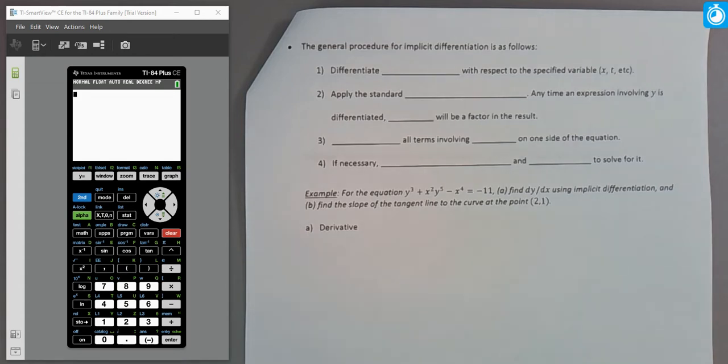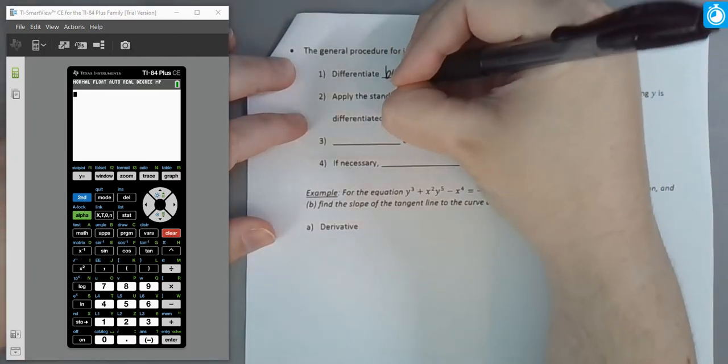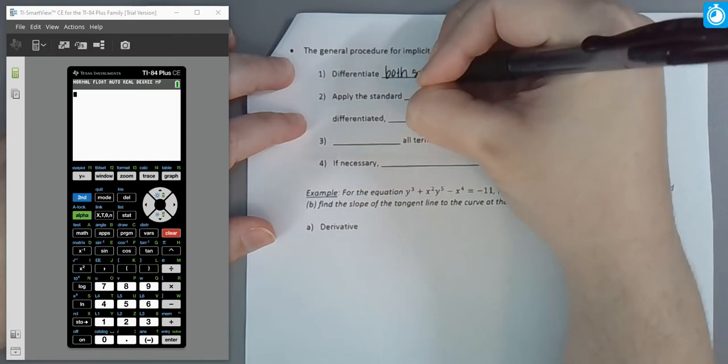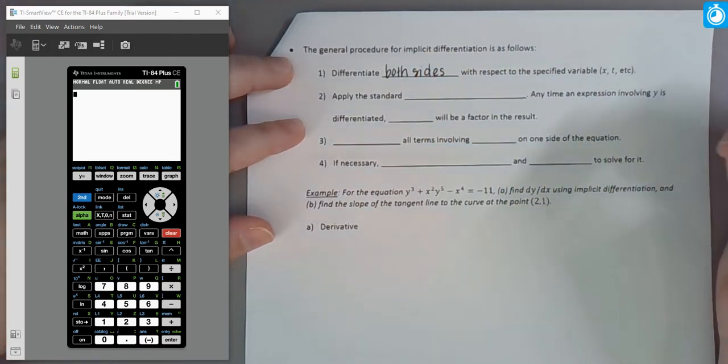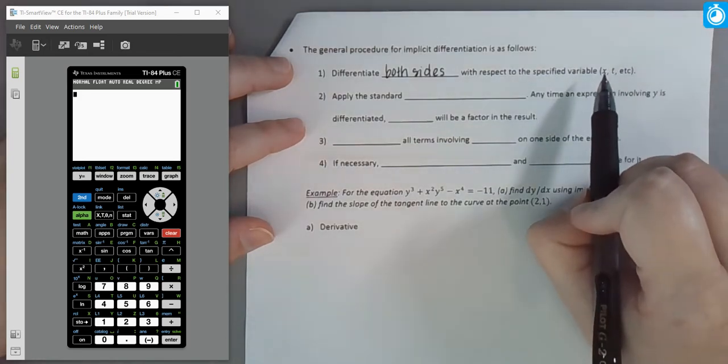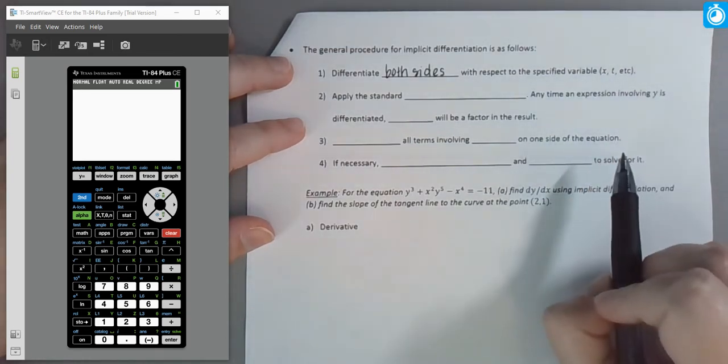So the first thing we want to do anytime we're going to apply implicit differentiation, once we have an equation involving x and y, number one, we want to differentiate both sides of the equation with respect to our specified variable. So typically it's x, it could be t, it could honestly be any variable we want.